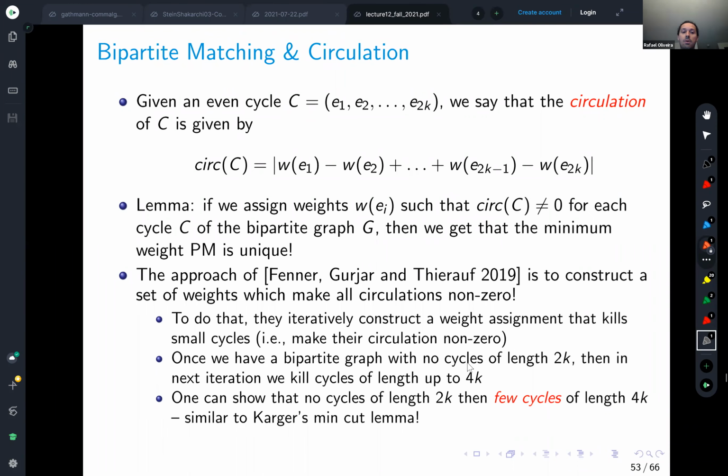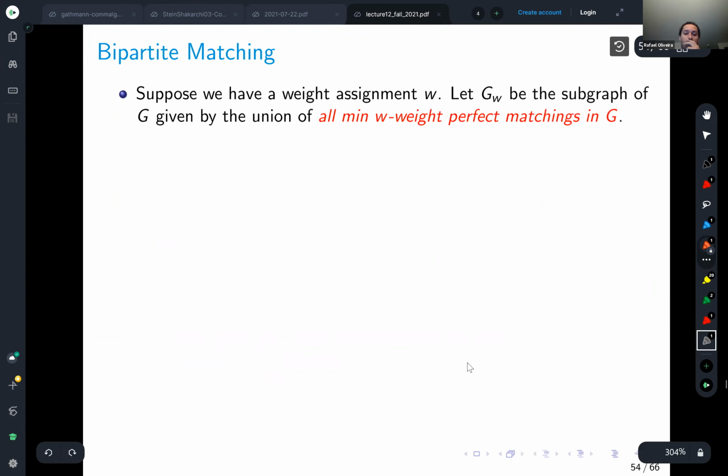Okay, and now, where does the linear program enter? Let's study this. Suppose that we have a weight assignment W. Remember, the idea is that we're going to pick a weight assignment that kills the small cycles.